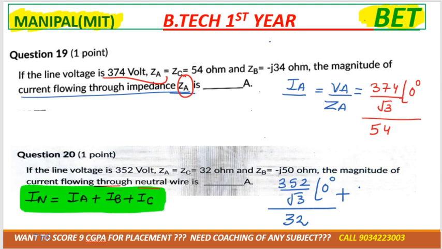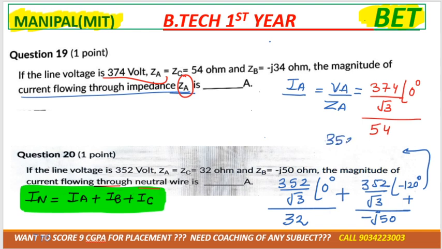Then IB is VB by ZB, so 352 by root 3 angle minus 120 degree divided by ZB, minus J50. Then IC is VC by ZC. VC is 352 by root 3 angle plus 120 degree divided by ZC, that is 32 ohm, right? If you solve it, you will get the neutral current.